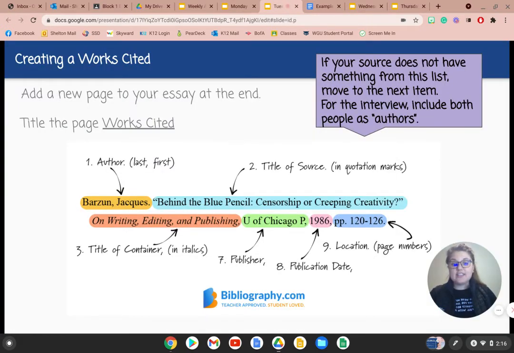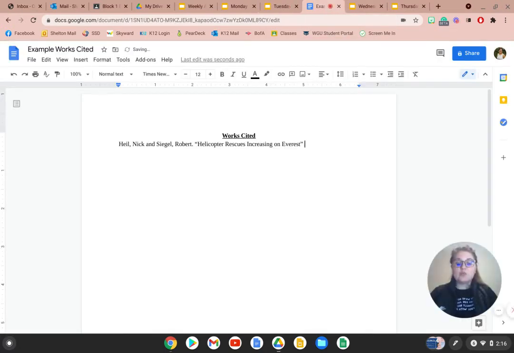After that, we need to see what's next. Okay, the title of the container. Now, the container is like, where did it come from? So it looks like we do not get where this radio interview takes place. So what we're going to put instead is we are going to put in italics after a period, source number 1 from Google Classroom, okay?